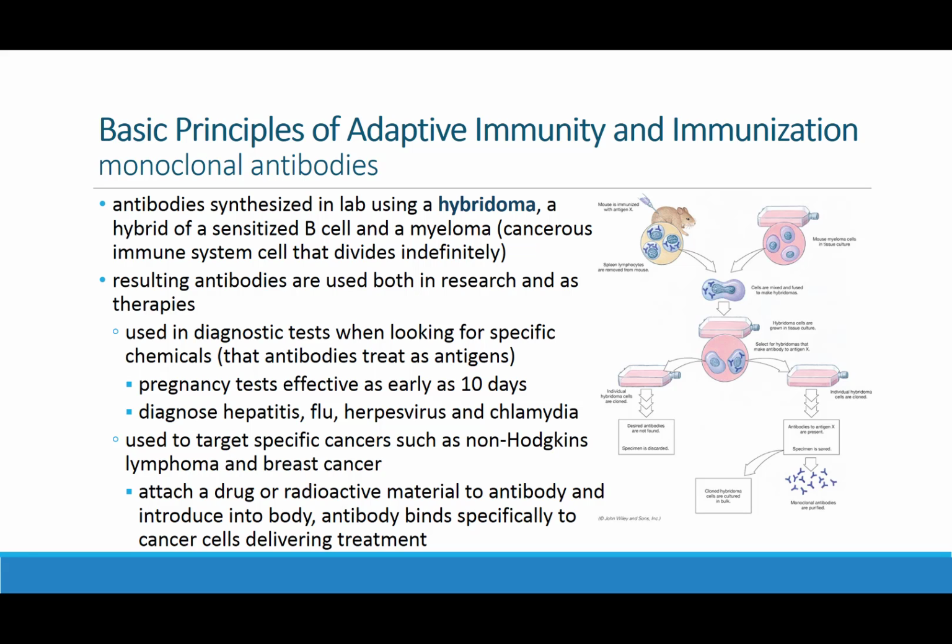The antibody binds to the cancerous cells and delivers the drug, or delivers radioactivity in a targeted way, to that cell, delivering the treatment. So there are very exciting potentials for treating diseases from these monoclonal antibodies as well.